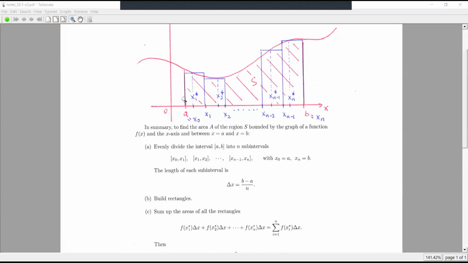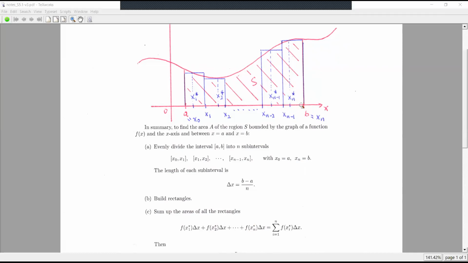So the area of the first rectangle is the base delta x times the height, the function value at x1 star. This is the area of the first rectangle. The area of the second rectangle is the base, the length of the subinterval delta x, times the height, the function value at x2 star. This is the area of the second rectangle, and so on. This is the area of the last rectangle.